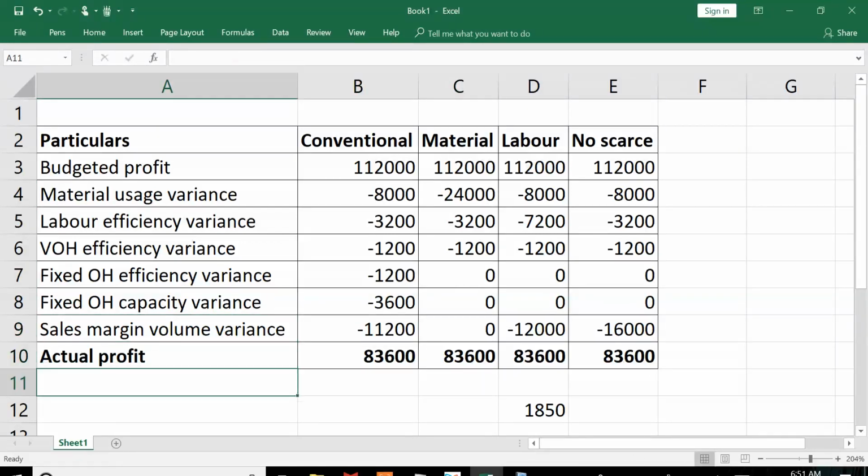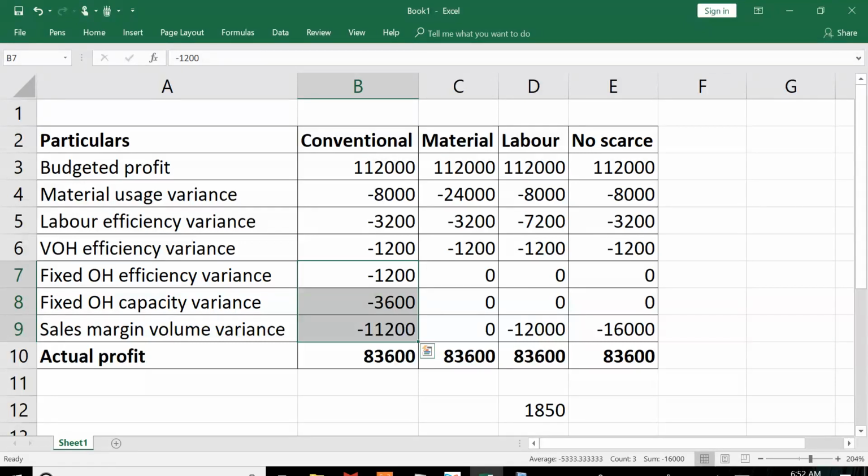See, once you add these three, you will get the same 16,000. So there's no concept of fixed overheads being wasted. It either goes to your sales or goes to your material or labor somewhere, based on who has wasted the resources.